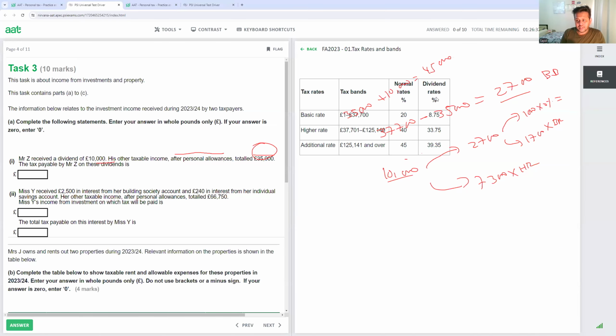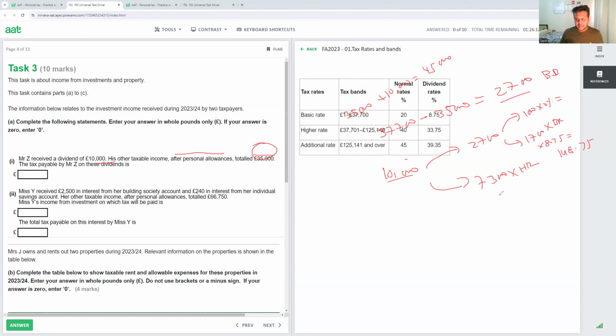So for example, for the dividend, your basic rate is how much? 8.75%. So we do 1,700 multiply 8.75%, and that is 148.75.